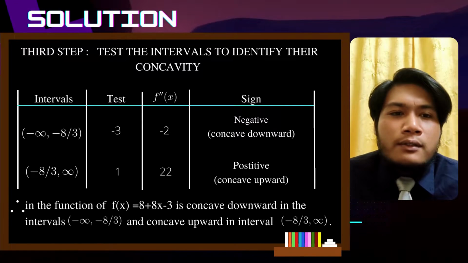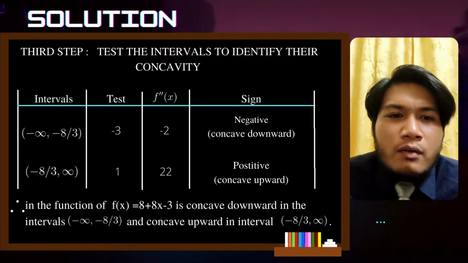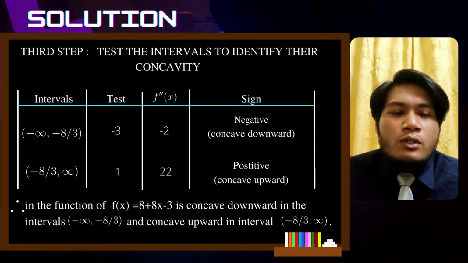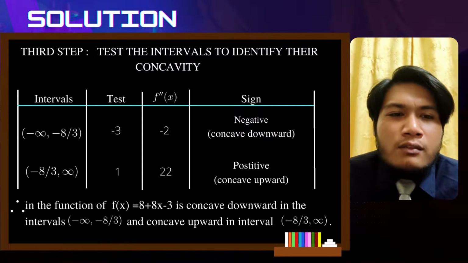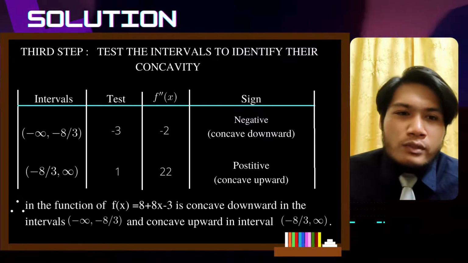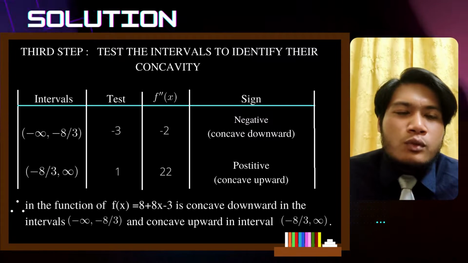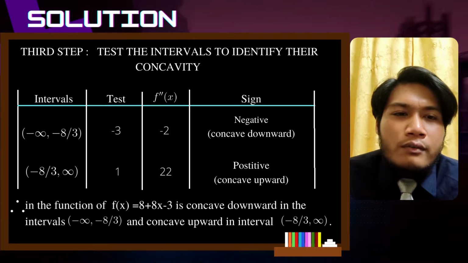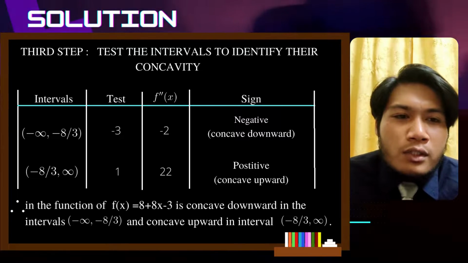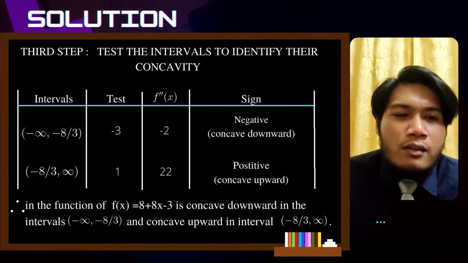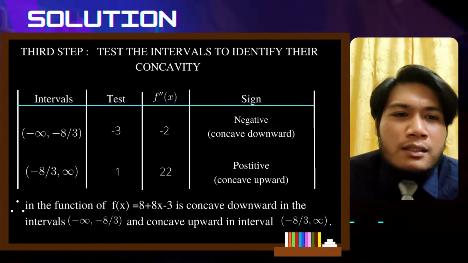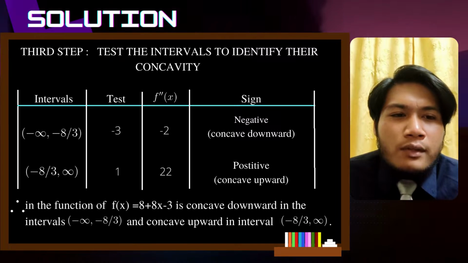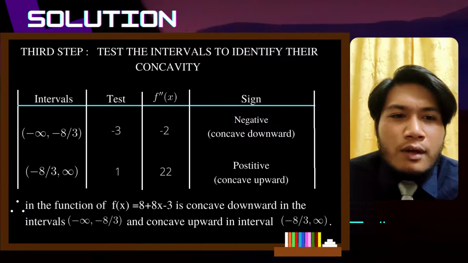For negative 8 over 3 to positive infinity, we use the test value 1. We substitute the value of 1 into the f double prime equation, and we get 22, so the sign of this interval is positive, and the graph is concave upward.